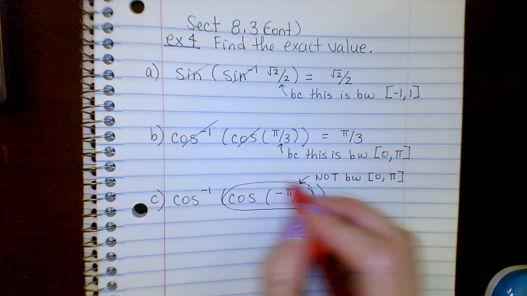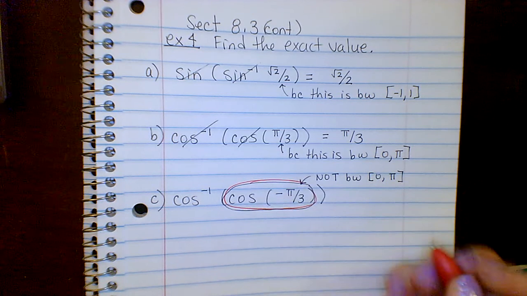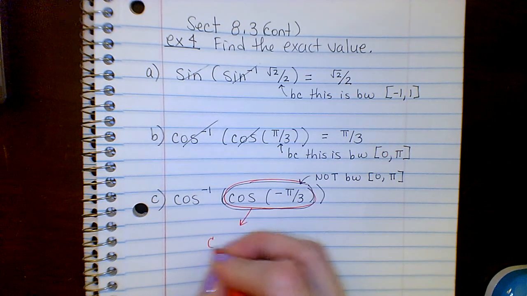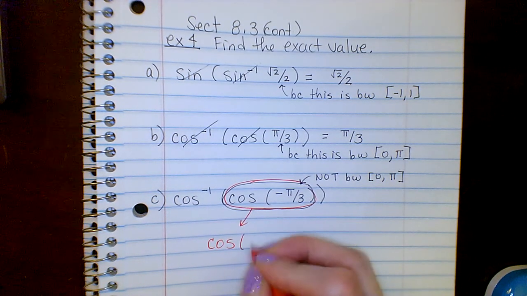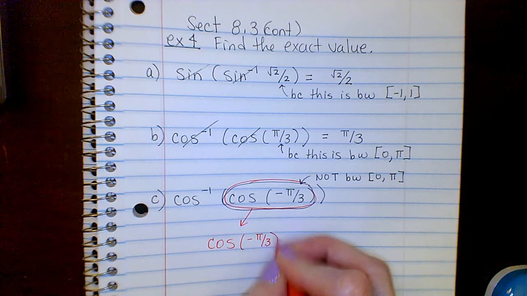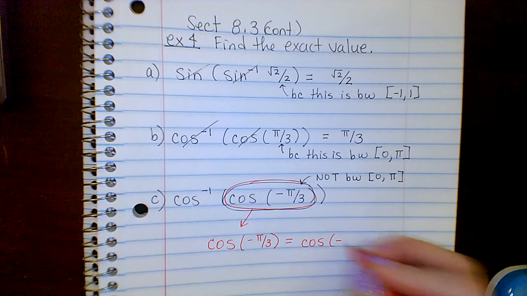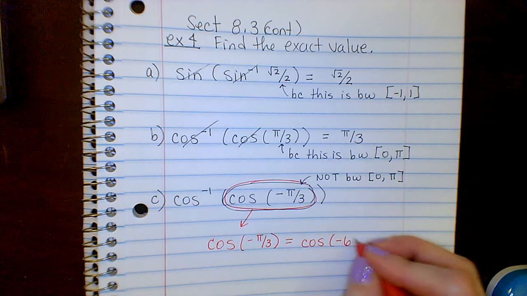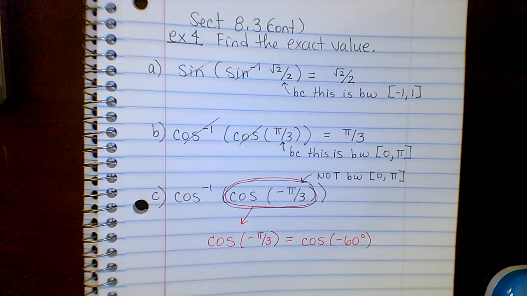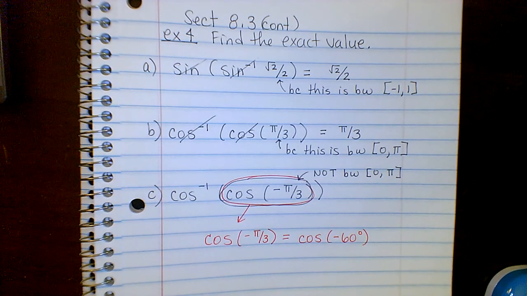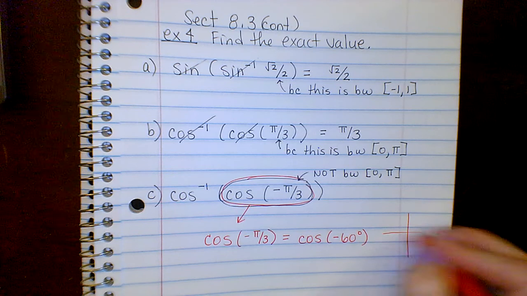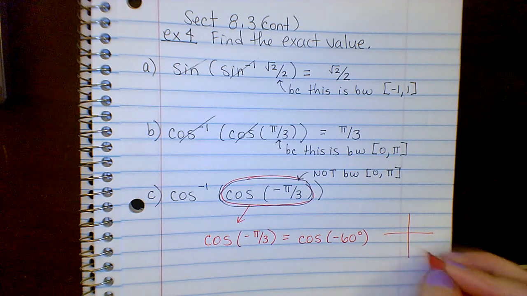So let's look at this as a separate problem. The cosine of -pi over 3, let's see, what is that? That's the cosine of, what, -60 degrees? Just in case you're better with degrees. If you want to use some quadrant stuff, you can. You can use the unit circle at this point. It doesn't really matter. That's in quadrant 4 down here.